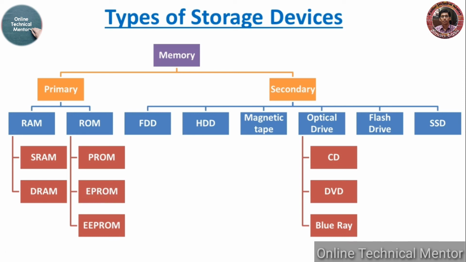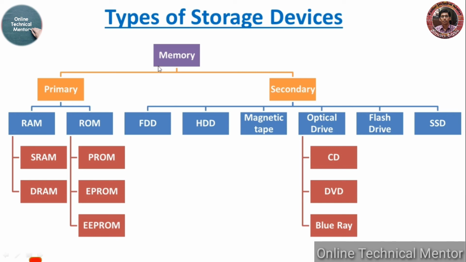To erase the data within an EPROM, it requires a series of steps. And next, EEPROM, electrically erasable programmable read-only memory. That means the program within a ROM can be erased electrically. So by passing electricity, one can erase the data within the EEPROM and again write the program over there.